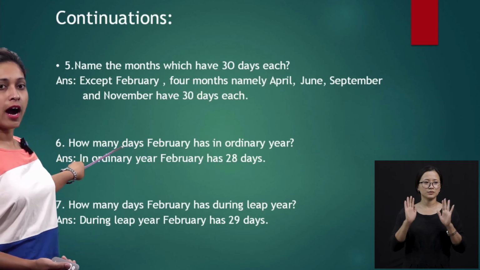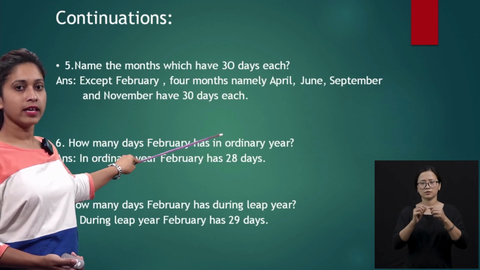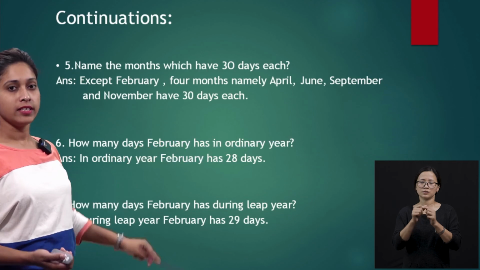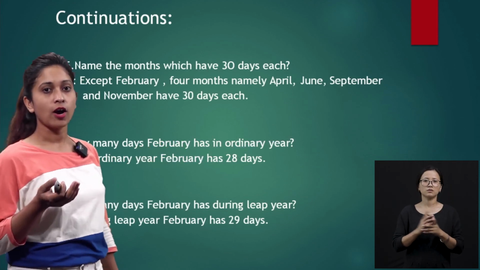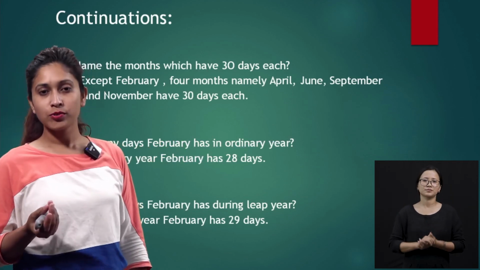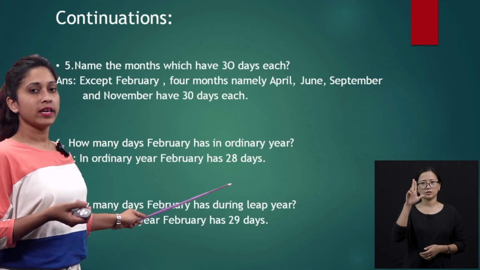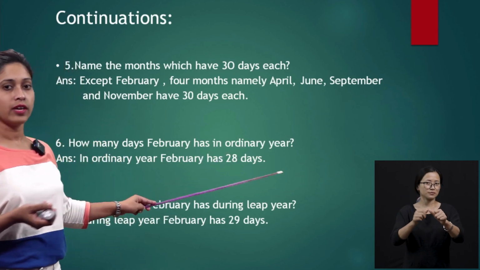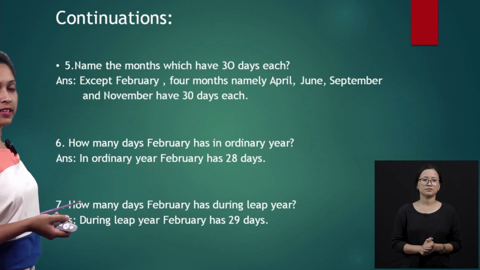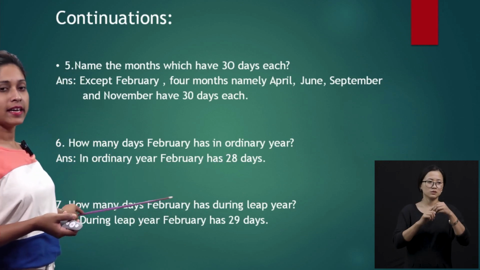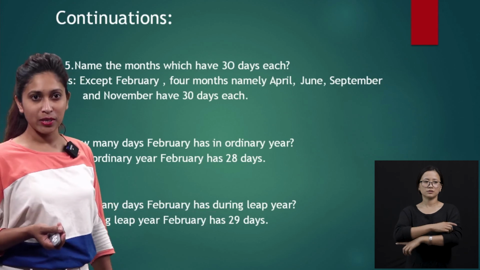Then you have, how many days has February in an ordinary year? So in an ordinary year, how many days does February have, children? They have 28 days. Right. February has 28 days. Then number 7, how many days has February during a leap year?